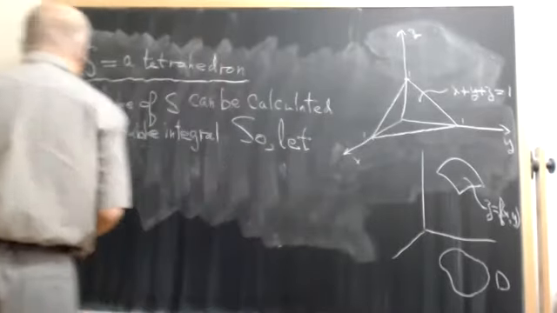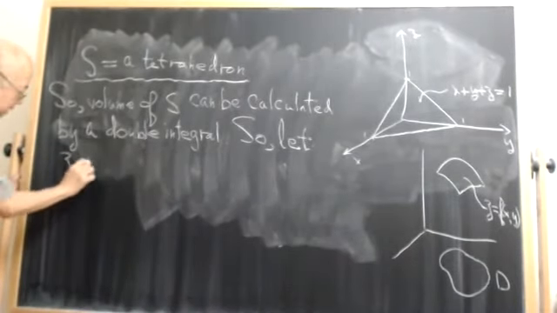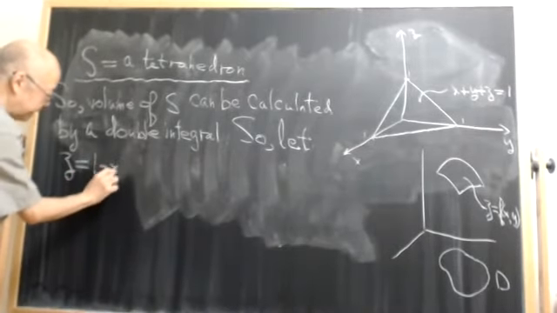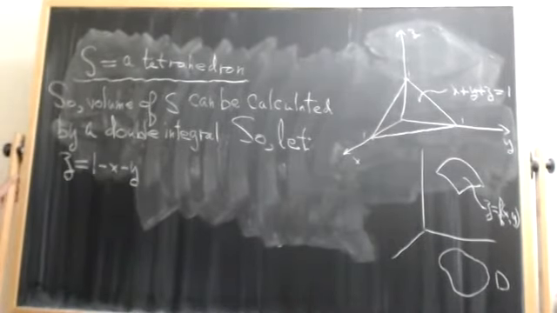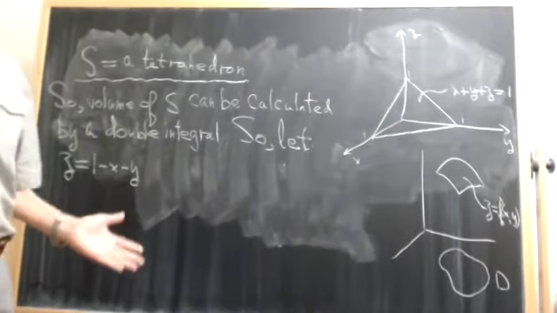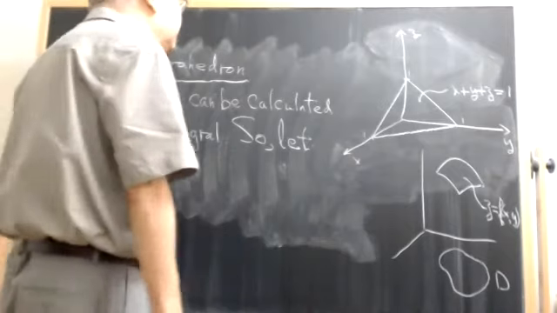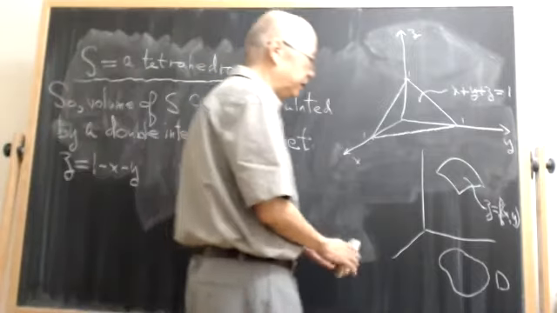So we let z be the function, which is 1 minus x minus y. And certainly it's a very nice function. It's a continuous function in particular.